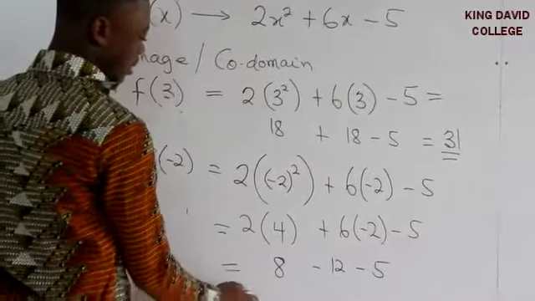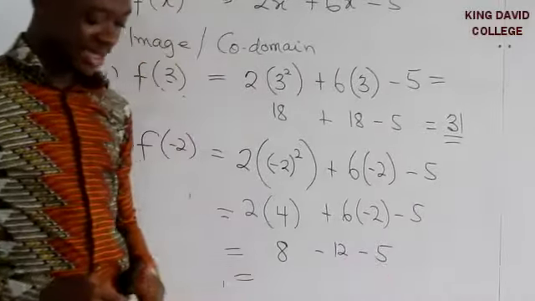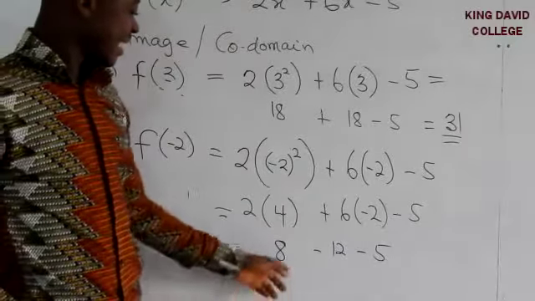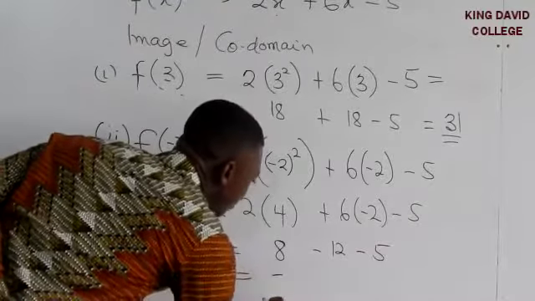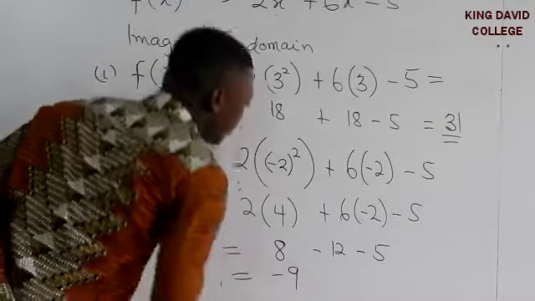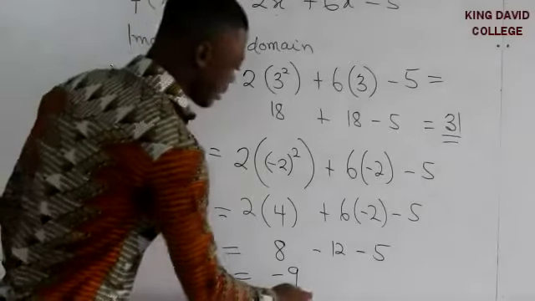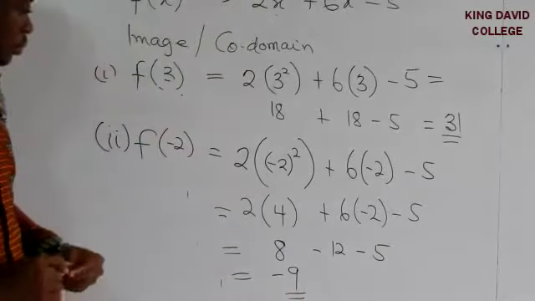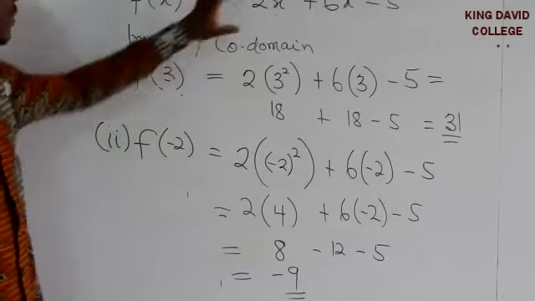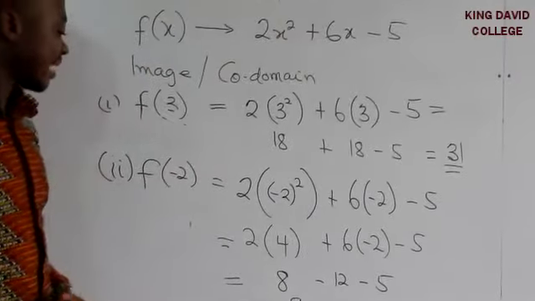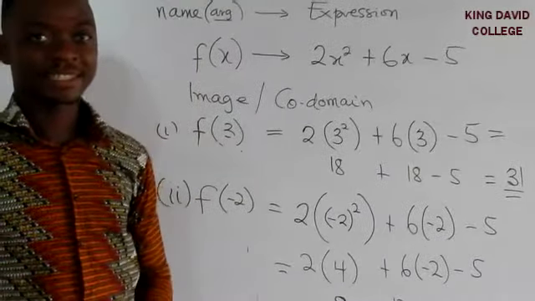So simply, -12 minus 5 will give me -17. Then 8 minus that is going to give me -9. Okay, -9. So simply, when you put -2 into our function we have here, the image is just going to be -9.